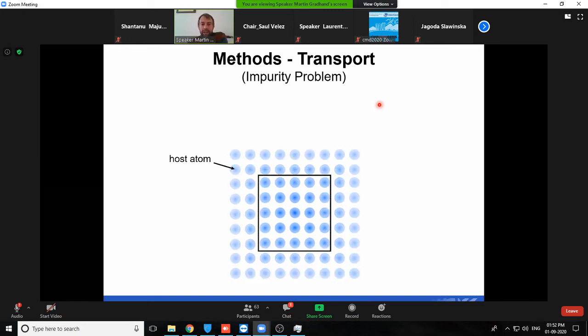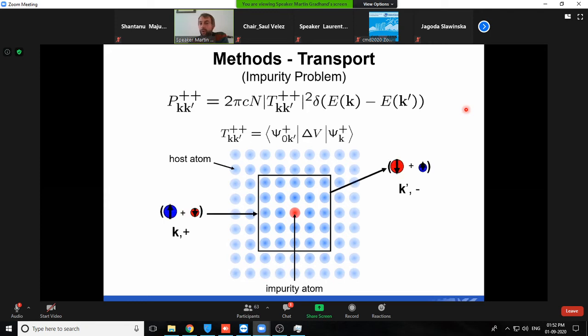Then we cut out a region, still embedded in this perfect crystal, and we replace one atom there with an impurity atom. And what we do then, we self-consistently solve this impurity problem, and calculate the scattering from an incoming electron to an outgoing electron, calculate this scattering probability here.